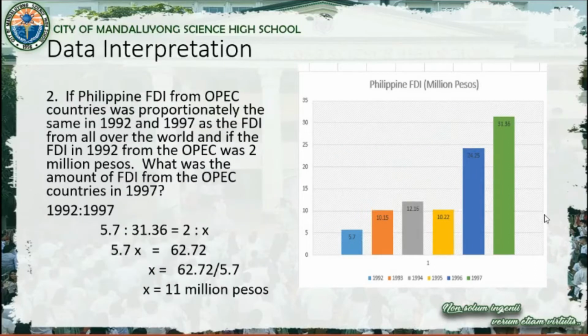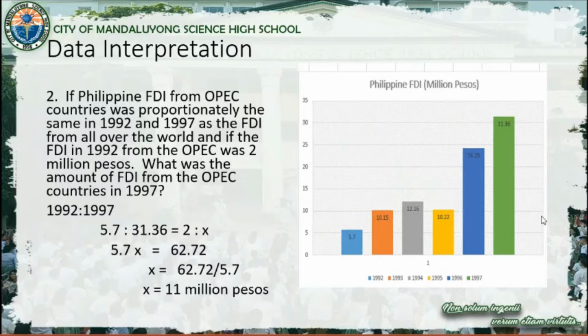Question number 2. The Philippine FDI from OPEC countries was proportionately the same in 1992 and 1997 as the FDI from all over the world. If the FDI in 1992 from the OPEC was 2 million pesos, what was the amount of FDI from OPEC countries in 1997? So 1992 is to 1997.